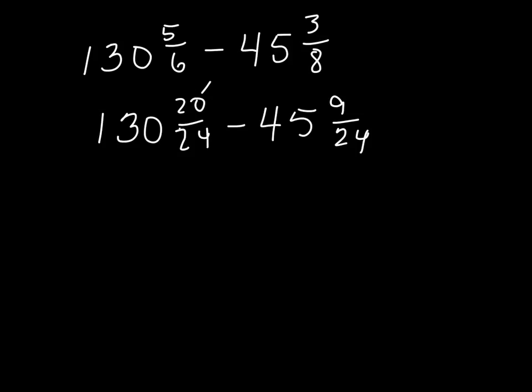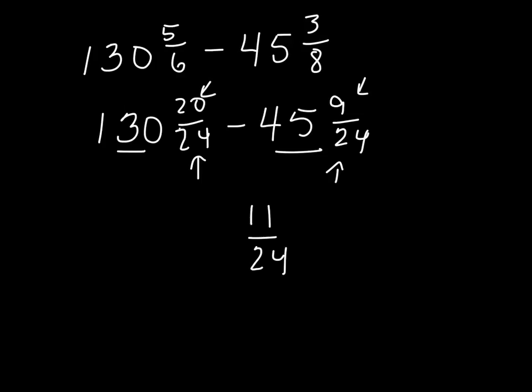Because 20 is larger than 9, I didn't have to do any borrowing or messing with the whole numbers. So I already know that when I subtract those fractions, 20 24ths minus 9 24ths gives me 11 24ths.